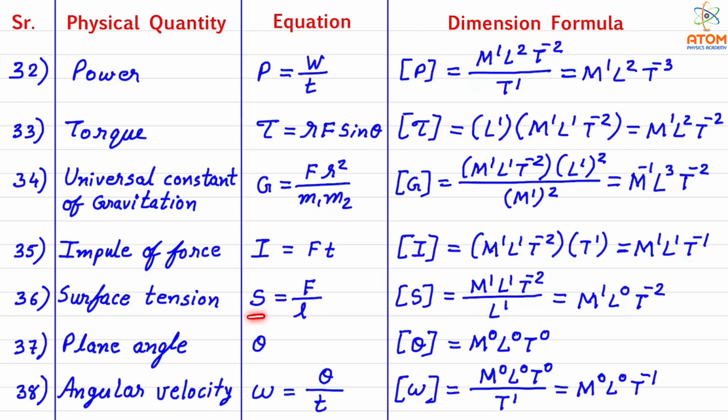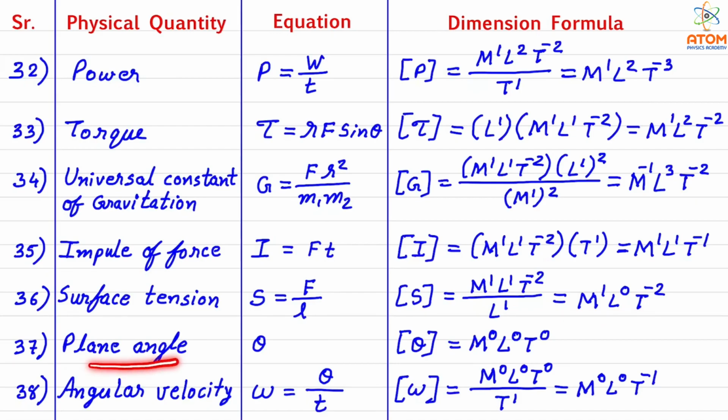Surface tension is denoted by S, and the equation is F upon L. Force per unit length is known as surface tension. So the dimension formula of force is M1 L1 T minus 2. For length it is L1, so the remaining is M1 L0 T minus 2. That is the dimension formula of surface tension.